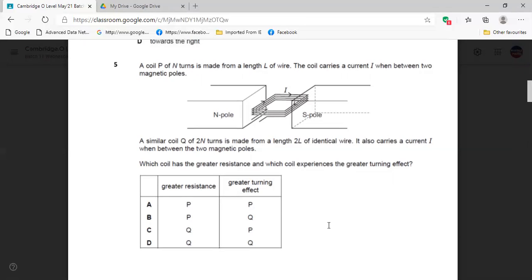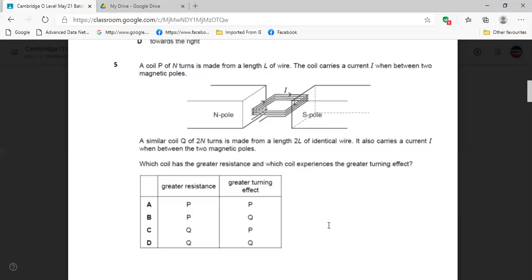Greater turning effect. To get greater turning effect, what do we need? More current. So which one has more current? Both of them have the same current flowing, except that Q has two end turns.